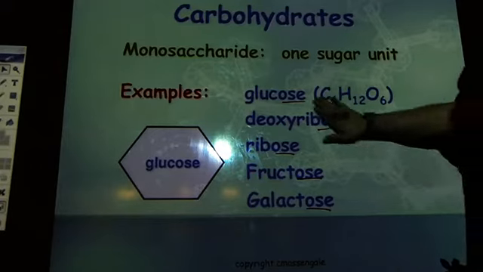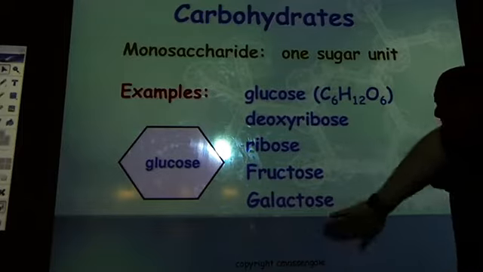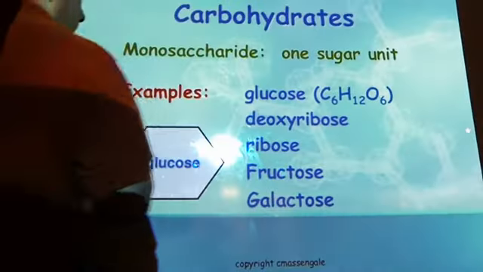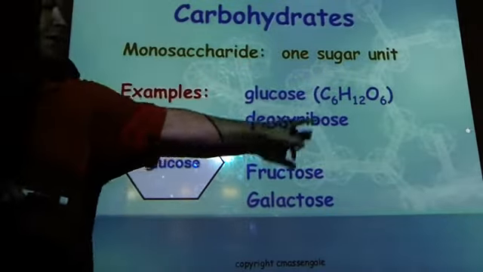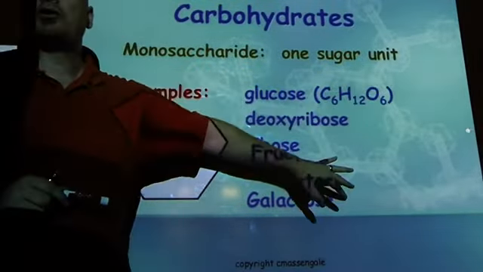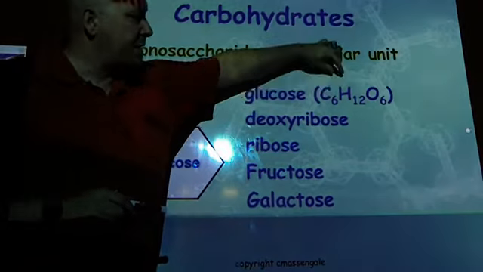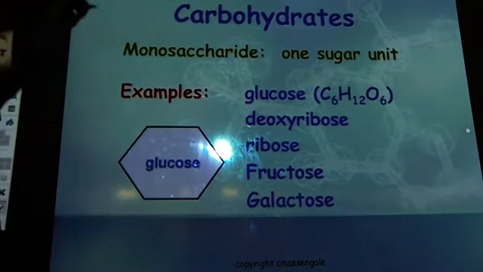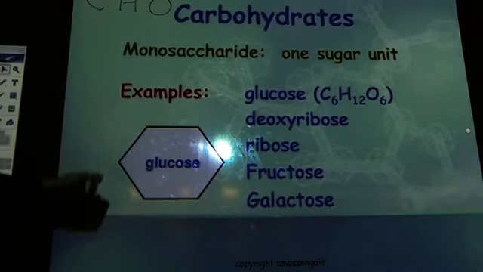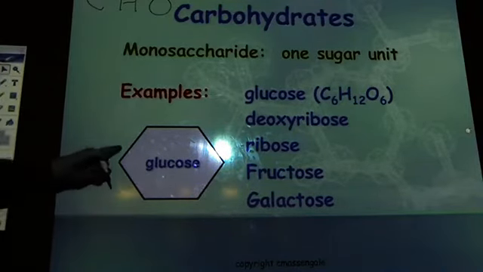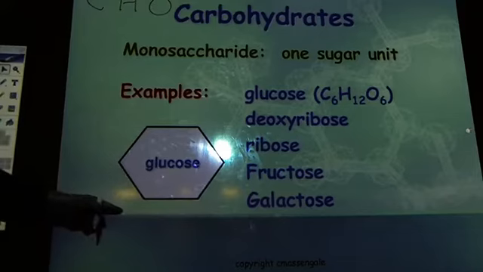Now, this is my glucose molecule. Glucose is C6H12O6, CHO. All sugars have only carbon, hydrogen, and oxygen. Now, this is the basic model. Do you see any carbons, hydrogens, and oxygens on it?